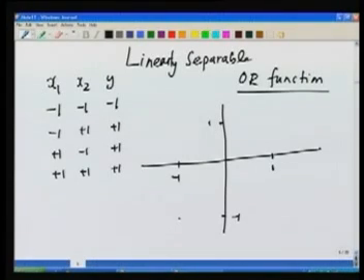Obviously, this is the point where the output is -1, and in all other cases, like (-1, +1), (+1, -1) and (+1, +1), you have a plus.